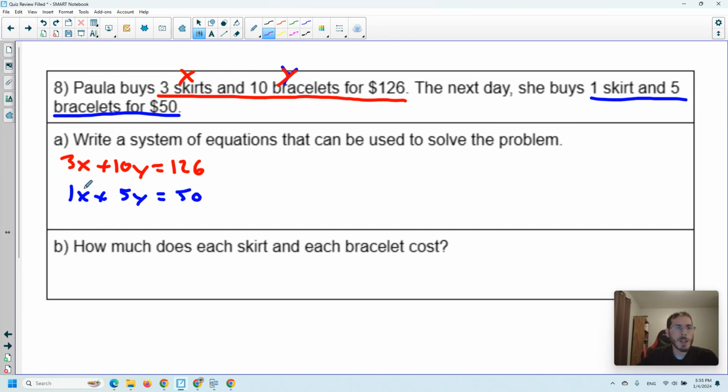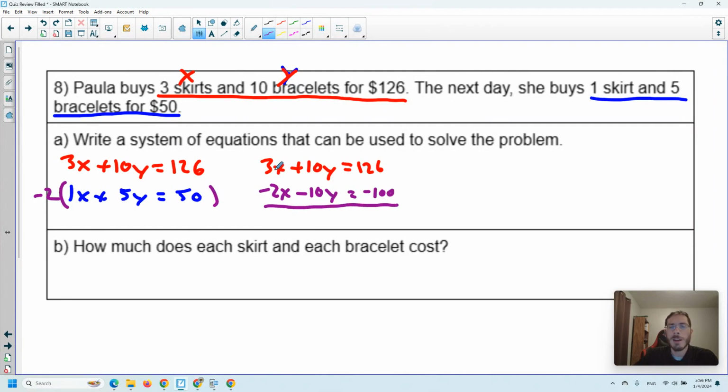If we want to do kind of the mindless way, we can multiply the bottom one by -3, the top by 1. I actually think it might be a little bit easier to multiply this bottom equation by -2. The reason for that is if we check out what happens, so 3x plus 10y equals 126, the bottom equation is going to become -2x minus 10y equals -100.